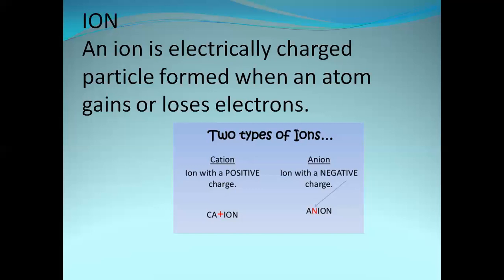By doing this, that particular atom changes into a charged particle, which is given the name of ion. The diagram shows that there are two basic types of ions: cations and anions. Cations are the ones which have a positive charge on them, and the anions are the ones which have a negative charge on them.